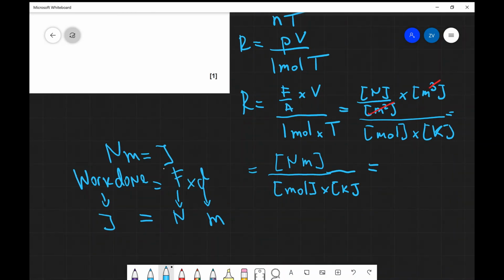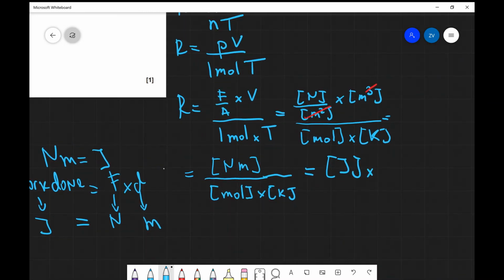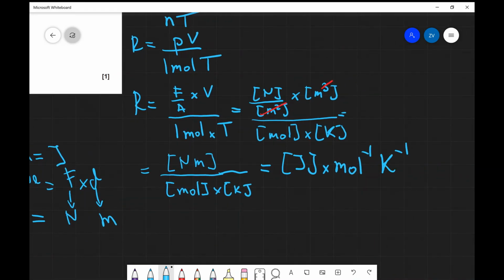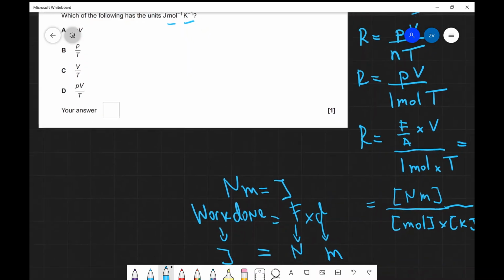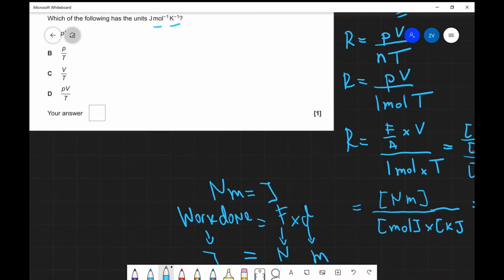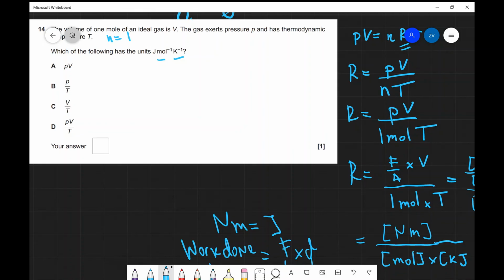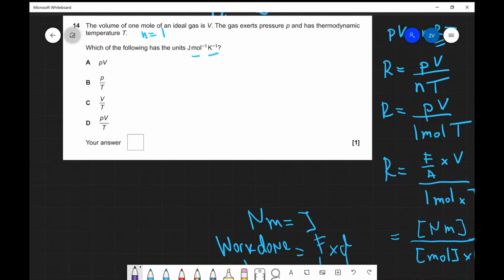So we can write this as a joule divided by a mole, which is equal to joule, mole raised to the power of -1, Kelvin raised to the power of -1 as well. So let me just carry on with my notation with the brackets. We can see that joules per mole per Kelvin, PV over T has those units over 1 mole times T. So there's a little catch over here. There's a little 1 which might confuse quite a lot of people, and that 1 over here is the 1 mole of gas. So the correct answer is D.